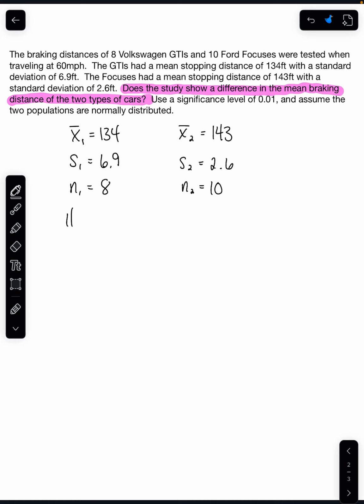So our null hypothesis is, of course, that the two populations have the same mean, and our alternative hypothesis here is that the means simply are not the same, that they are different somehow. Not necessarily that one is bigger than the other, but just that they are different, which therefore implies a two-tail test.